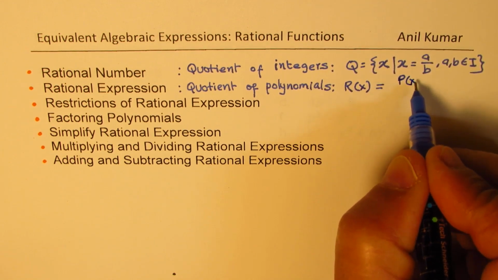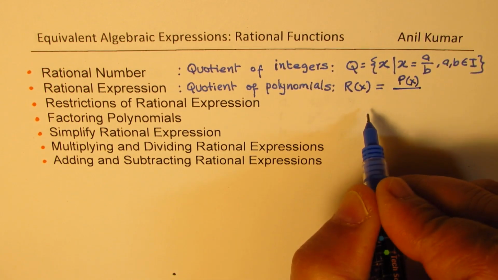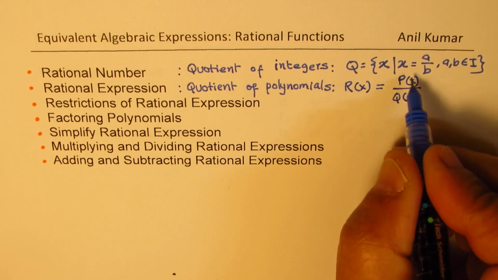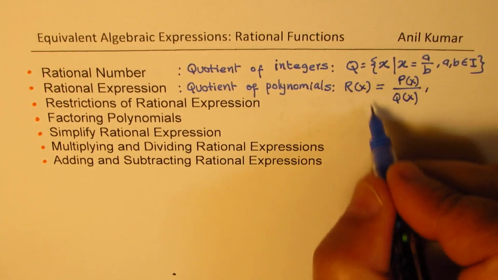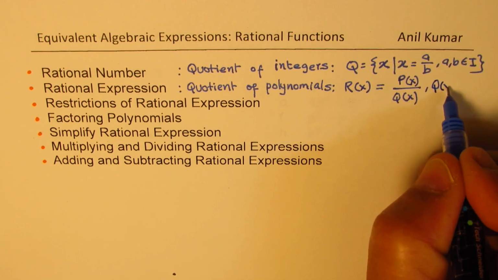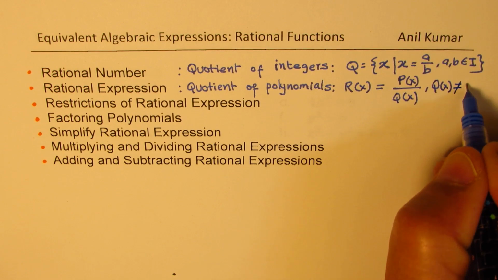So we have one polynomial in the numerator, and the other polynomial in the denominator. And of course, when you have something like this, the denominator cannot be 0. So we say q of x is not equal to 0.